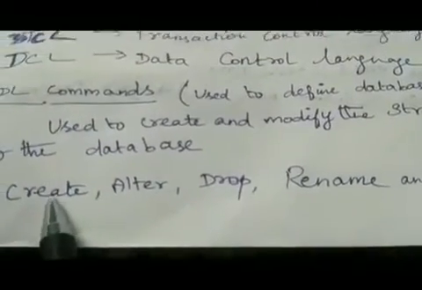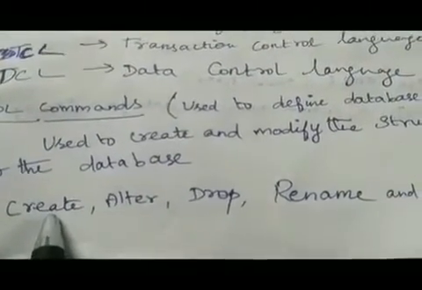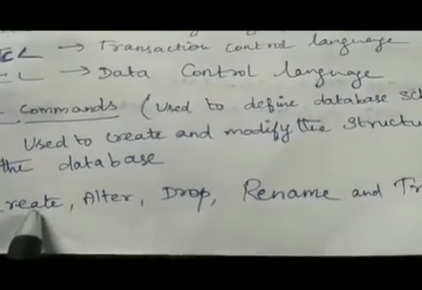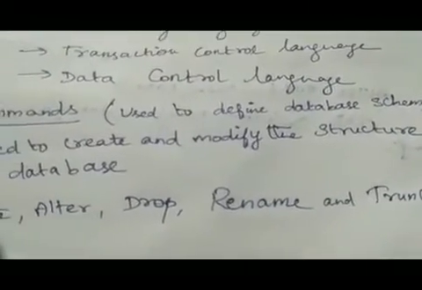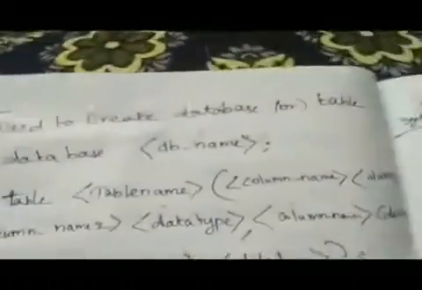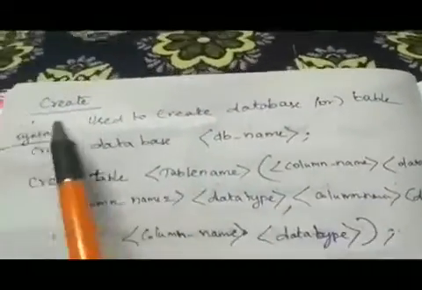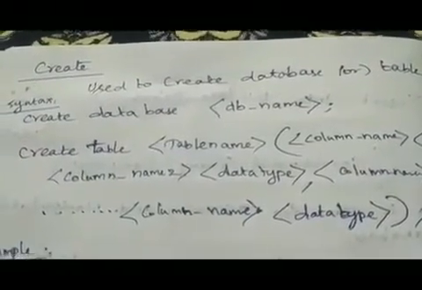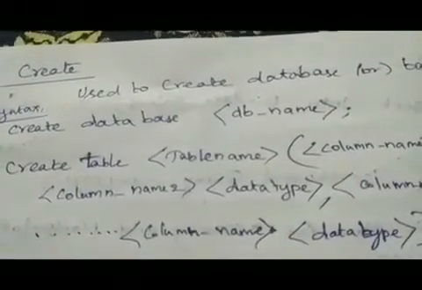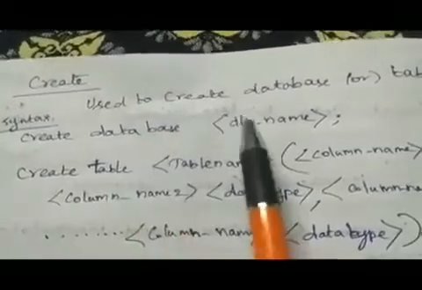First, from yesterday we had seen the create command. Create database, and then you specify the database name so that we can easily create a database. You can see the syntax of the command here. What is the purpose of the create command? It is used to create a database or table. How to create the database? Create database, database name.